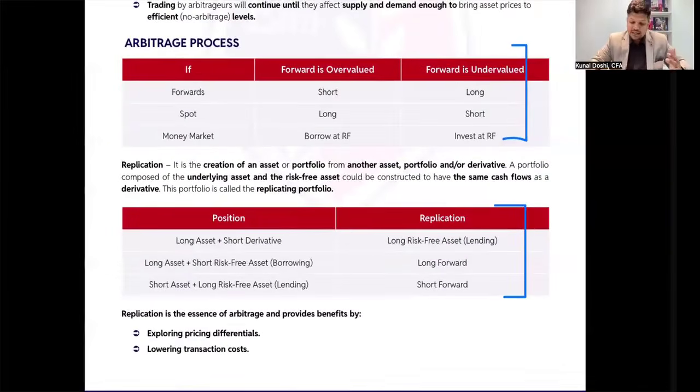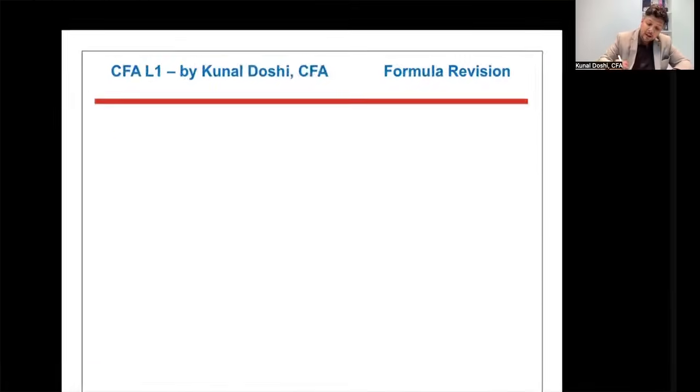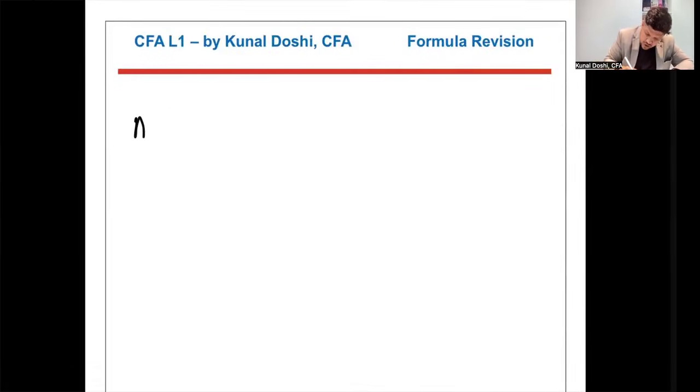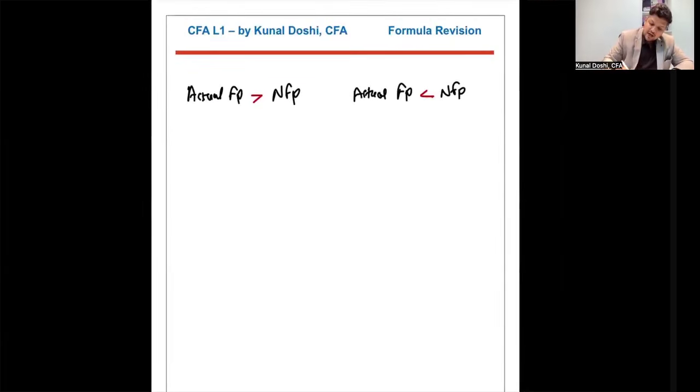Now for arbitrage, there is no formula, but I would like to put up the arbitrage process. What happens in arbitrage? We compare the actual future prices with the no arbitrage future or forward prices. If the actual future price is higher or lower than the no arbitrage future price, what is our conclusion?